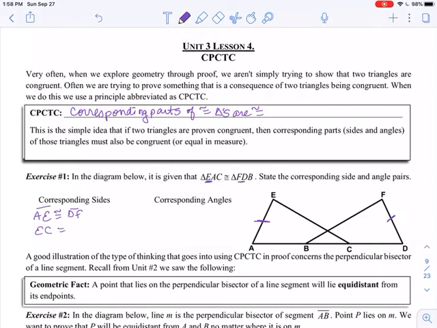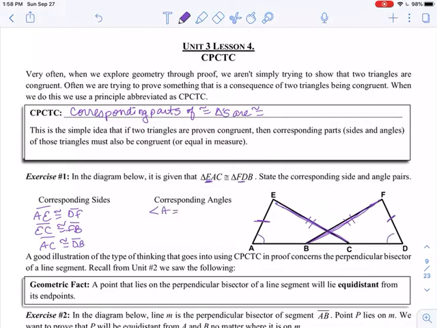So the order of the letters tells me. EC, which is right here, is congruent to FB. And then that base AC is congruent to DB. So those are my corresponding sides.